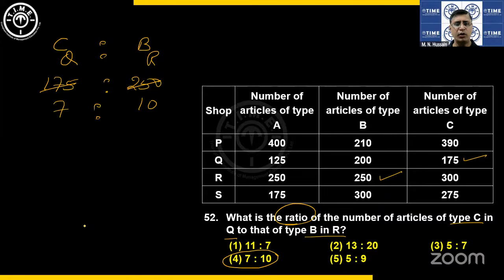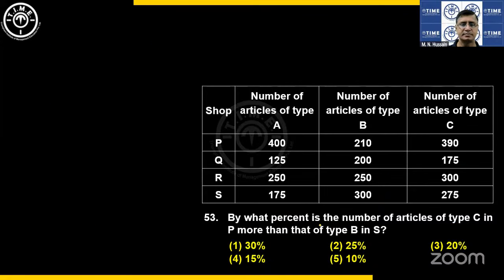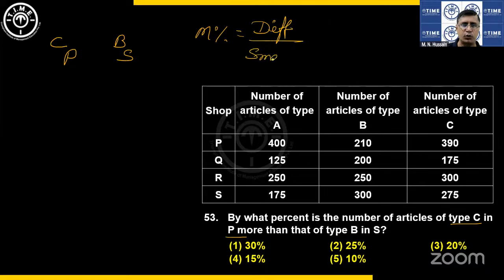Now look at next example on your screen. By what percent is the number of articles of type C in P more than that of B in S? What is the formula for more percentage? Difference by smaller value into 100.